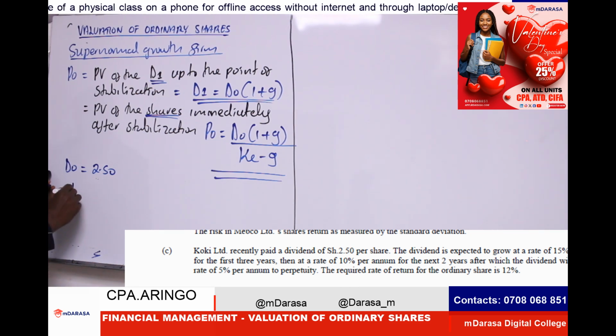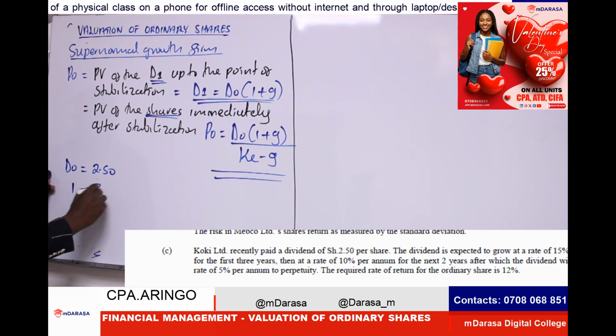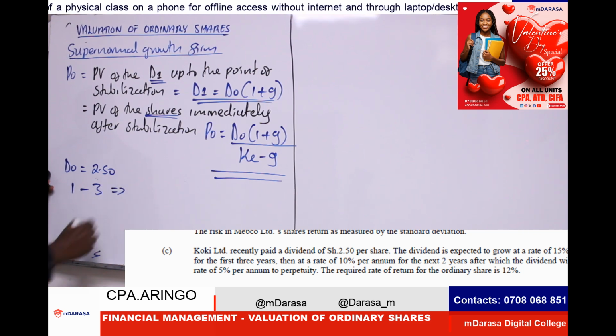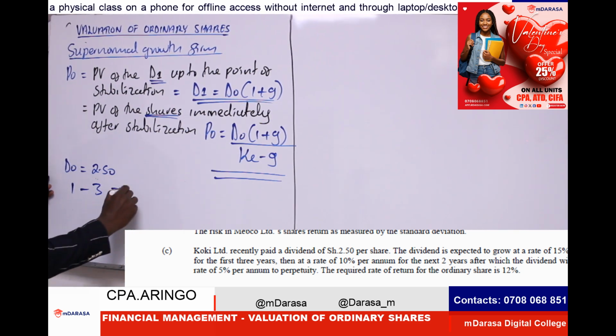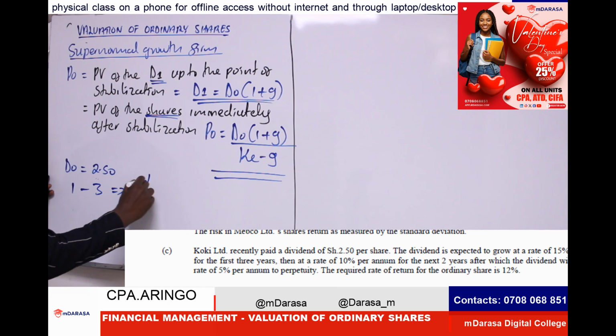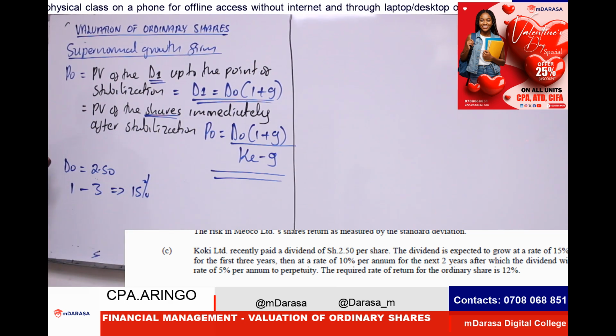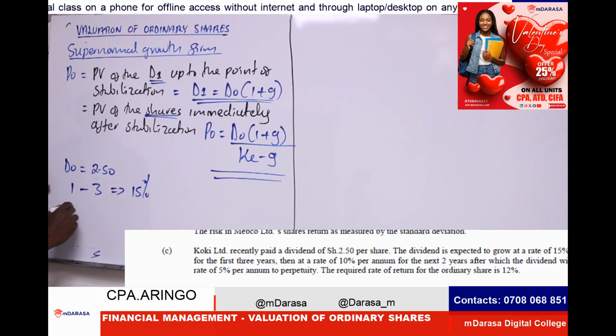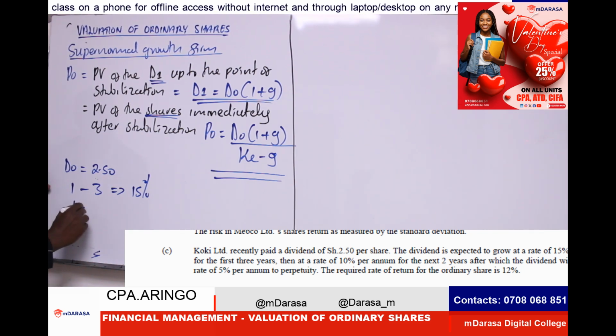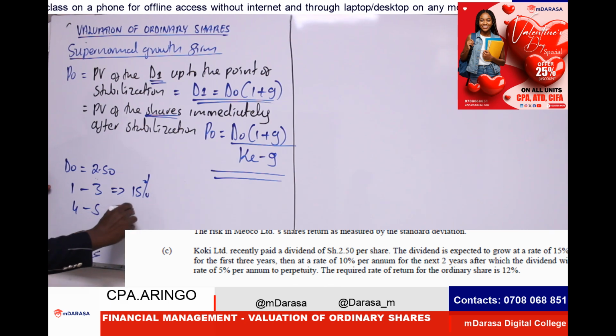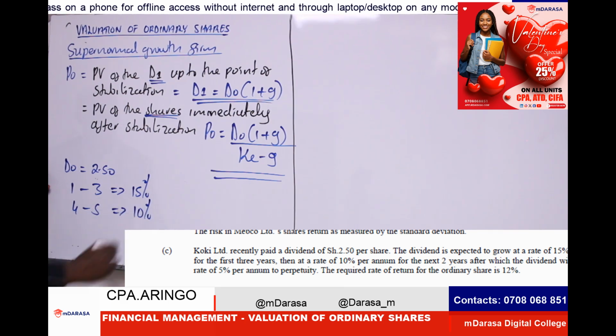So year 1, year 2, year 3, the dividends would be growing at 15%. Then at the rate of 10% for the next 2 years, so that is years 4 and 5.